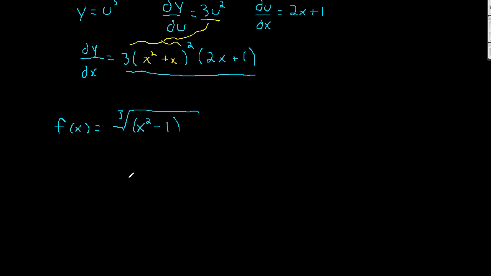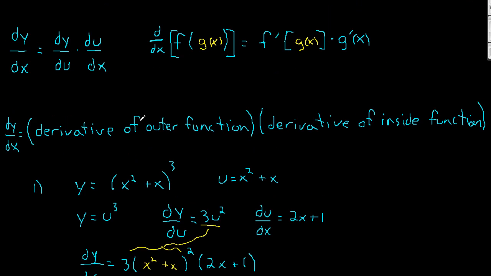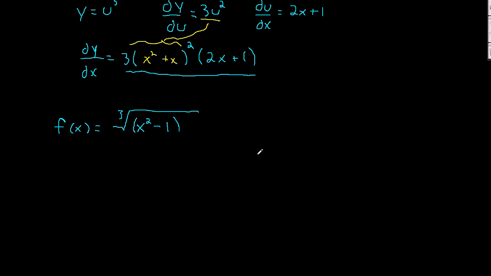Well, again, if you want to, you can go ahead and set it up the way we did in the prior problem. Find an inside function, substitute u for it, and then go ahead and find dy du, du dx, and so on and so forth. Or you could just think of outside function versus inside function. What is my inside function?